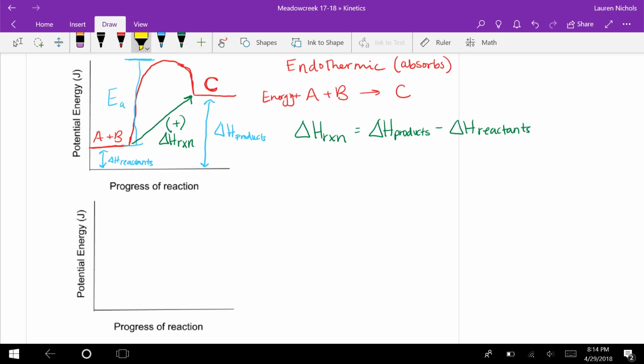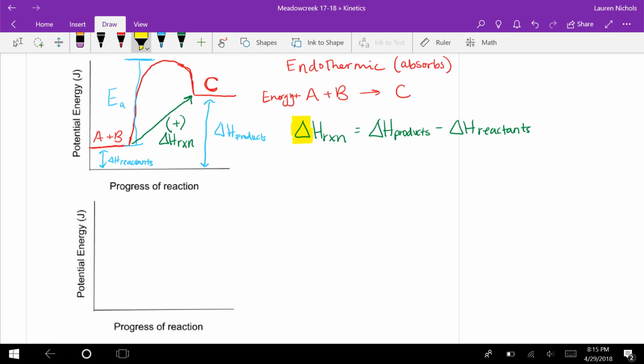Remember that this triangle is the Greek letter delta, which means change in. And we saw that in our last unit with Q equals mc delta T, or the change in temperature, which was final minus initial. Well, our products are what we end up with, they're our final, and our reactants are our initial, what we start with. And so that's what we see there.